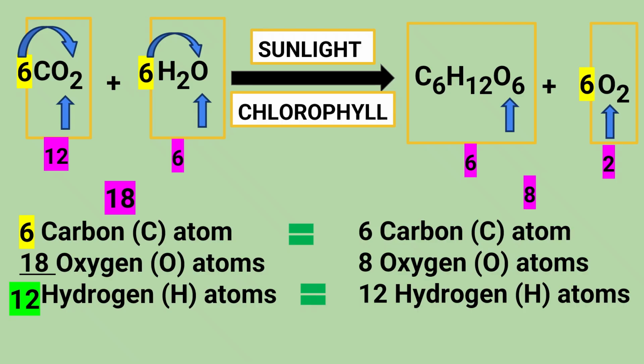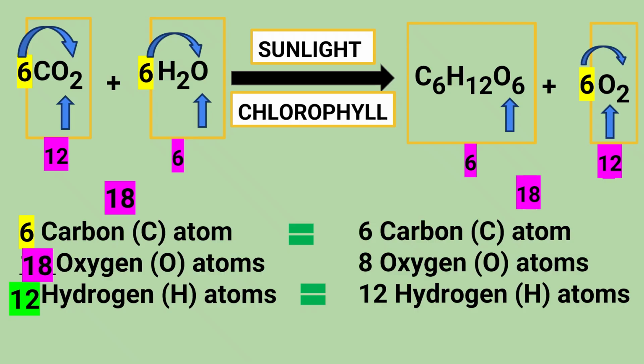We can add a 6 in front of the oxygen, and 6 multiplied by 2 is equal to 12 oxygen atoms, plus the 6 oxygen atoms in the glucose molecule gives a total of 18 oxygen atoms on the product side.